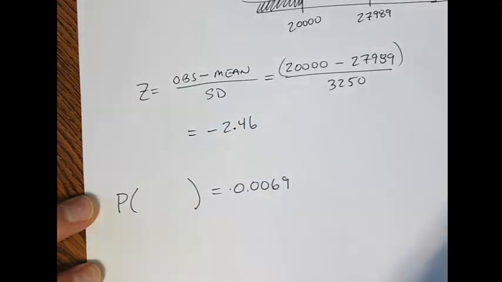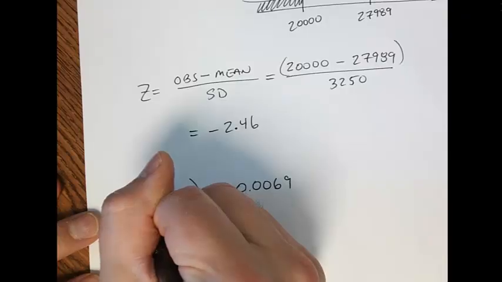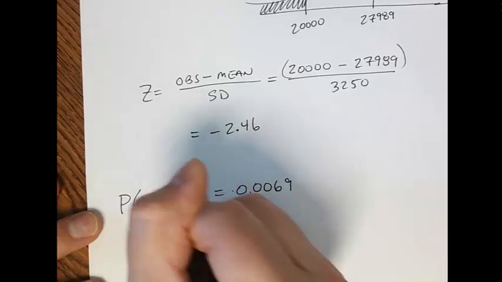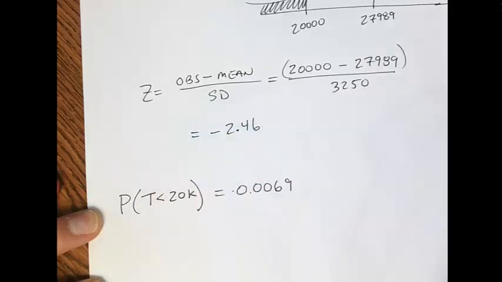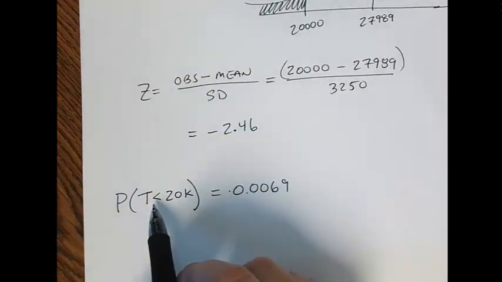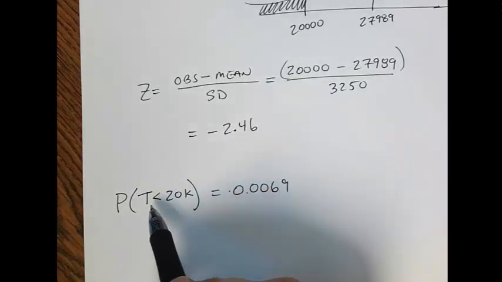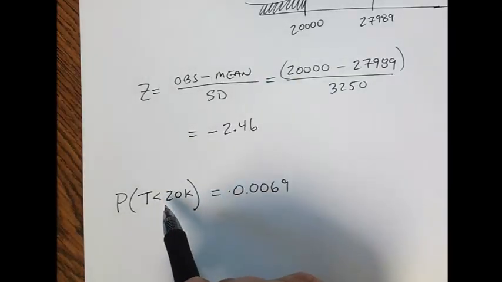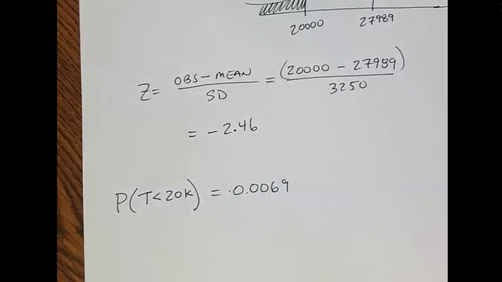So the probability statement is, in this case, I'm going to call teachers T, less than 20,000. Now I could do less than or equal to, well, not in this case, but as a note, less than or equal to mean the same thing with continuous data because the probability under a single line is 0.